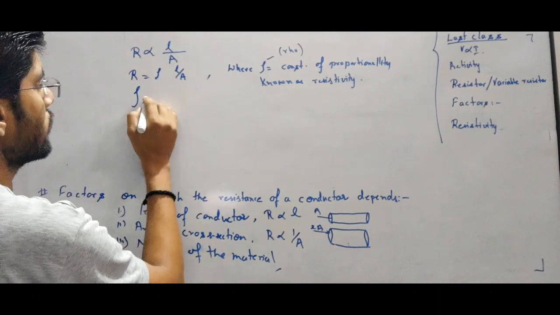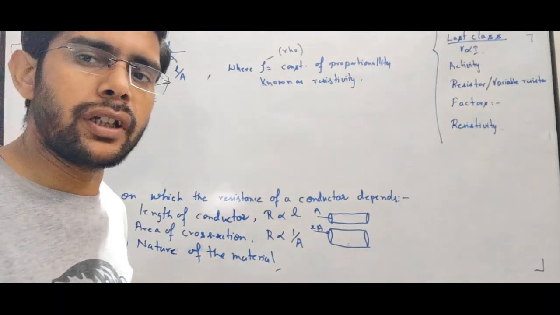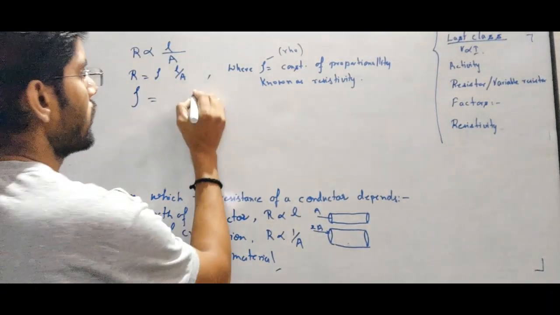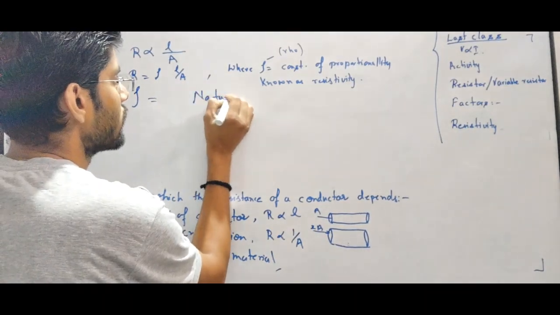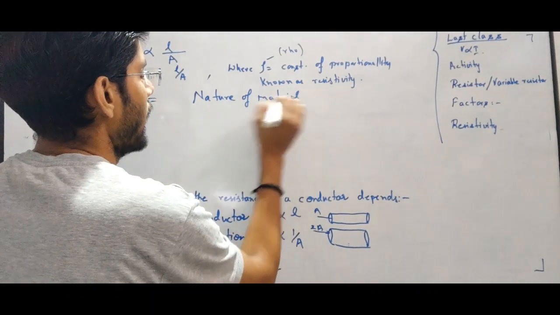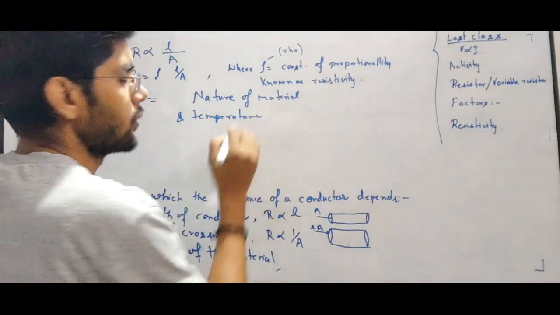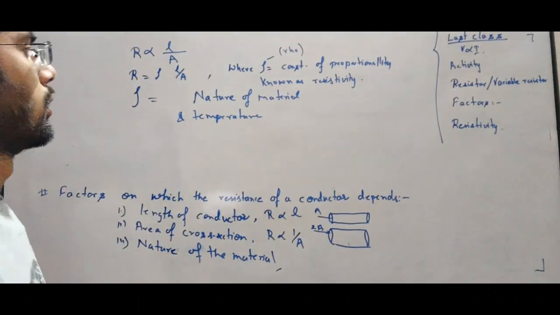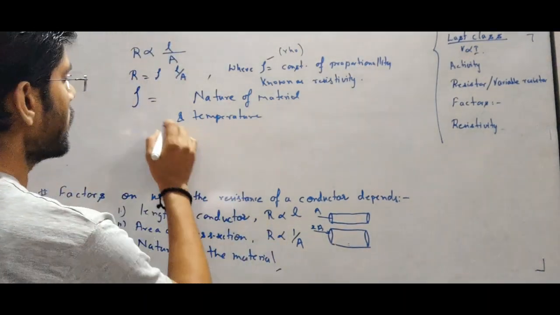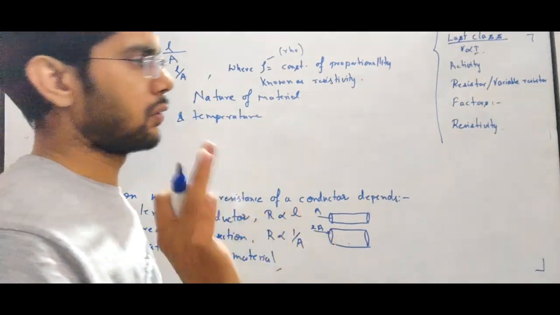So resistivity is a characteristic property of any material, okay, which depends on nature of material, and second thing on temperature. So only two things it depends on. Generally it is dimension free, students, means it does not depend on the length or area.